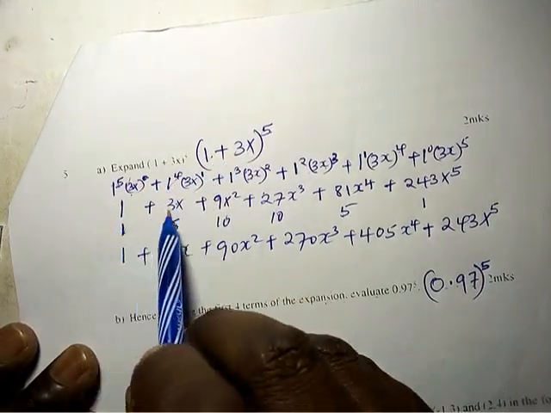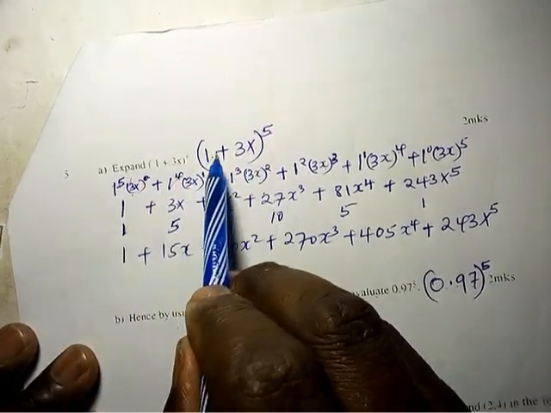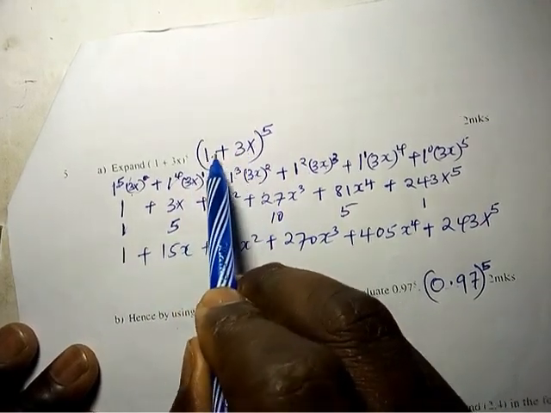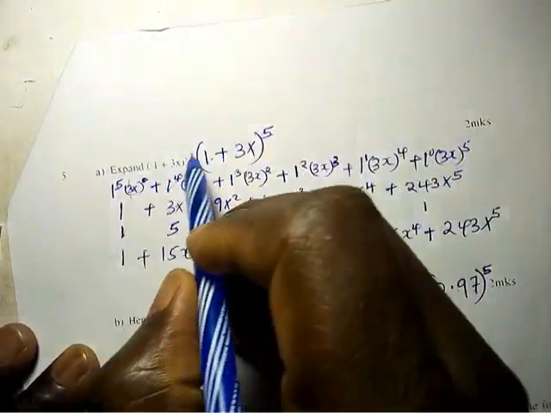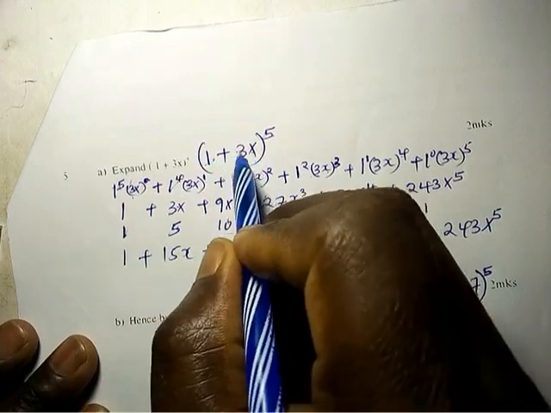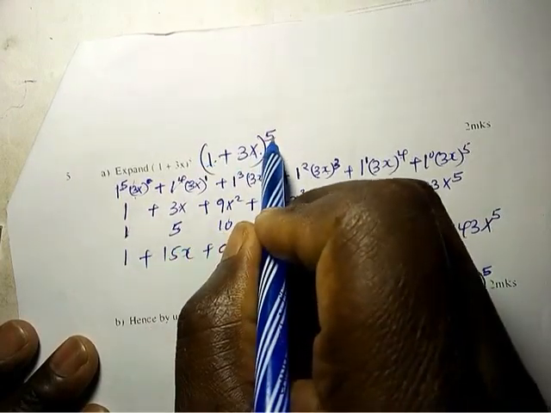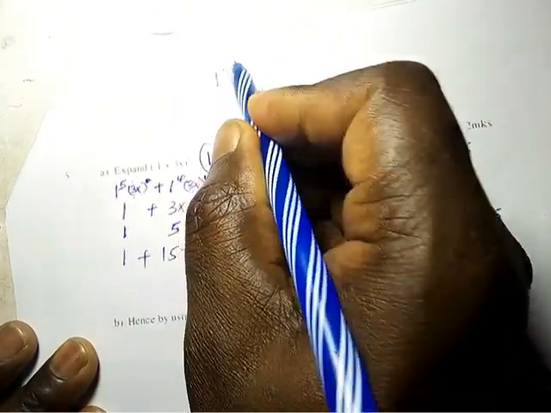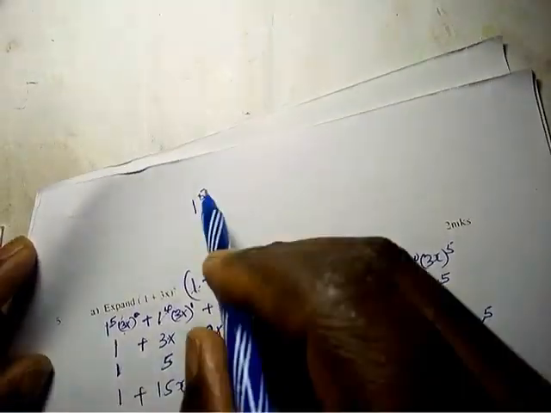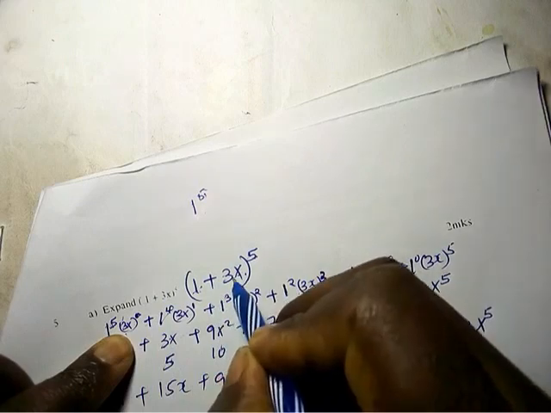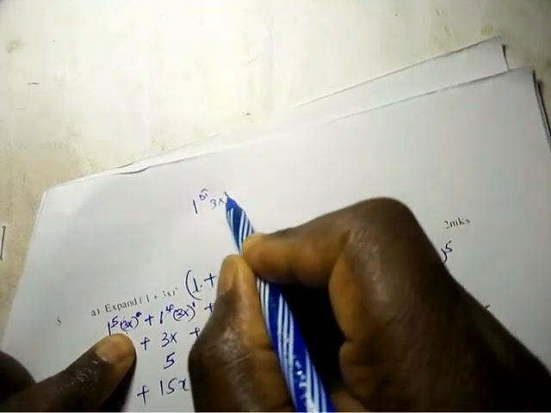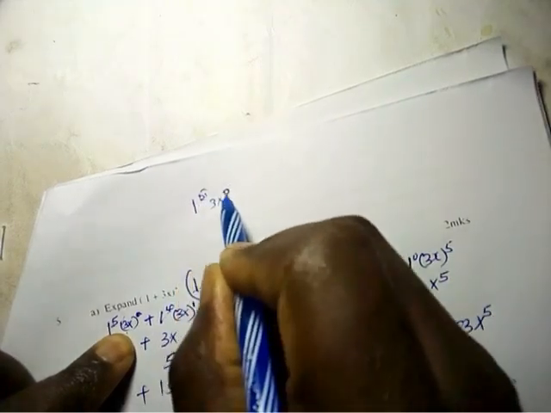In case you don't know how to expand, we have two terms here. When we are expanding, the first term starts with the given power, so 1 starts with 5. When it starts with 5, the second term is 3x to power 0, so that the total power is 5.